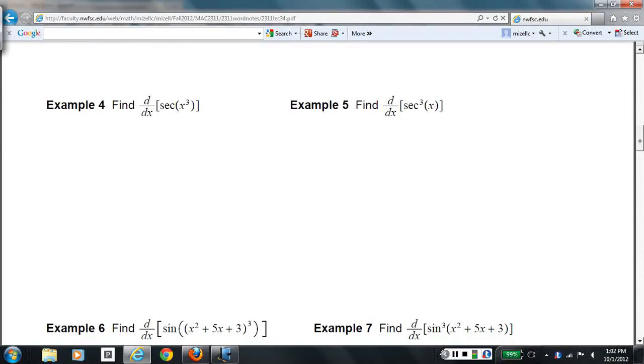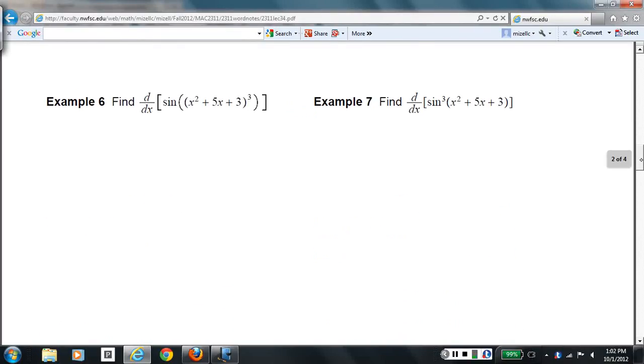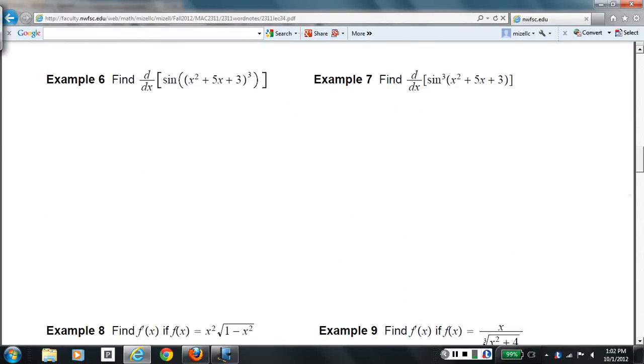Examples 4 and 5 and the preceding examples could be thought of as the chain rule with a single link in the chain. Examples 6 and 7, we've got the chain rule with maybe a couple links in the chain.